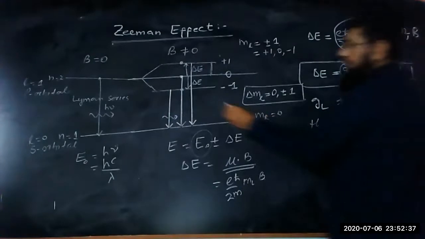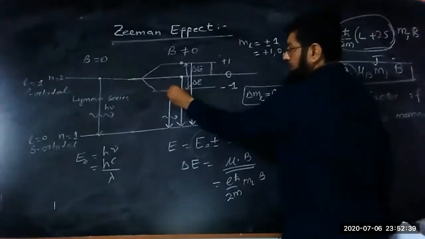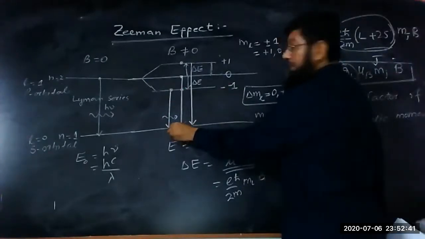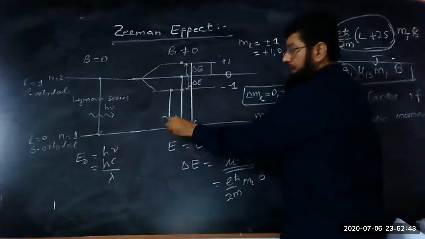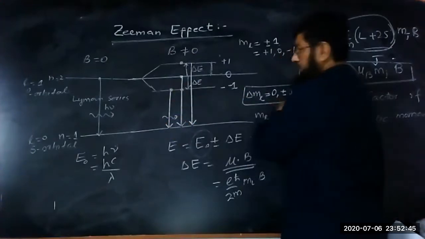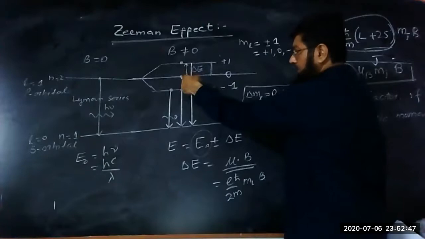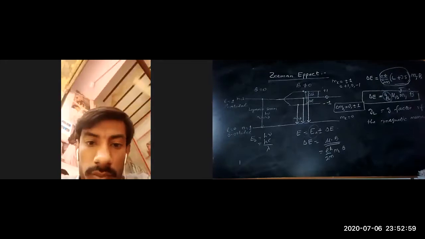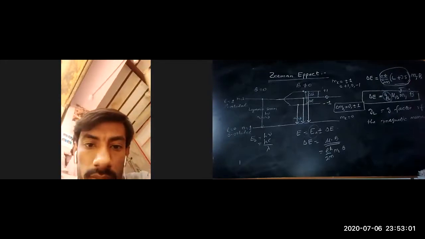If the electron is here at -1, it can come to 0, because 0 minus 1 gives you -1. From 0 it can come to 0. From +1 it can come to 0. So here you will get three photons, from -1, 0 and +1.